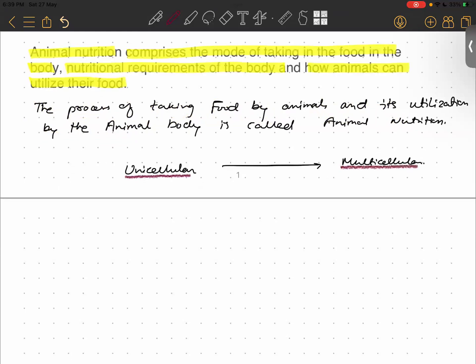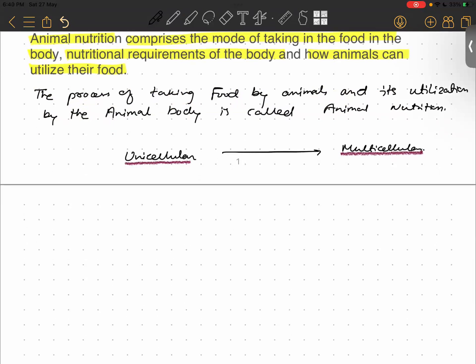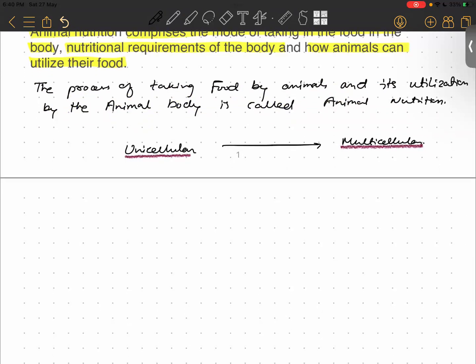A human? Unicellular organisms are those made up of only one cell. So amoeba is an example of a unicellular organism. And multicellular? Humans.